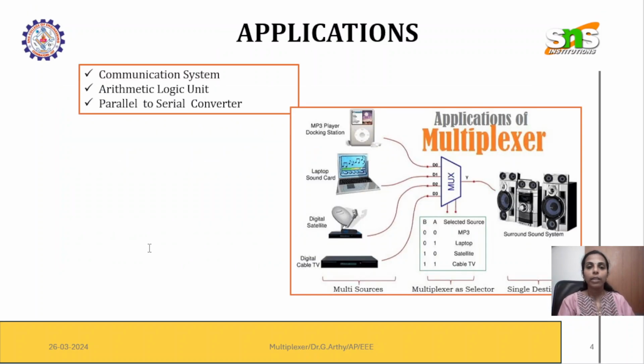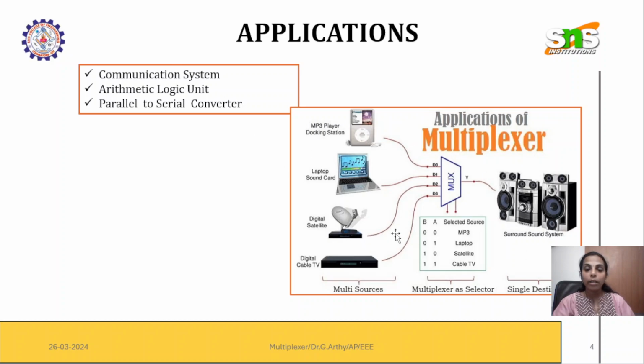Have you ever thought about why a multiplexer is used? Here I've mentioned different applications of multiplexers. One is communication, which is a broad category, including communication systems, arithmetic logic units, and parallel to serial converters.